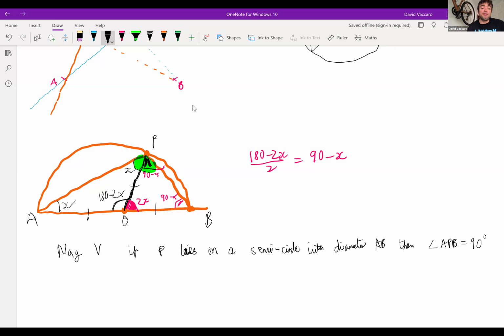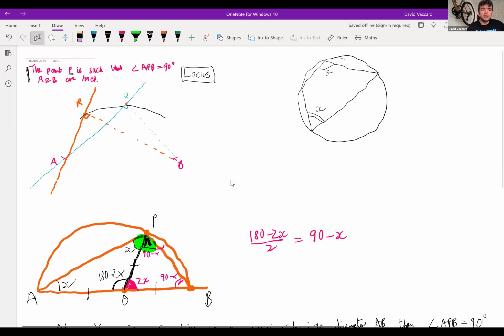Is that enough? And this is a really important question of logic. Is this enough to show that the set of points P that are such that APB equals 90 degrees is a circle?